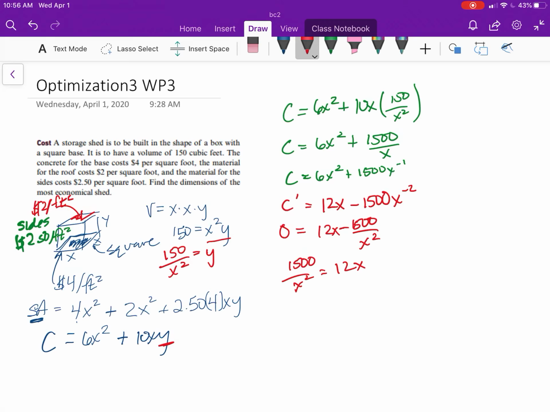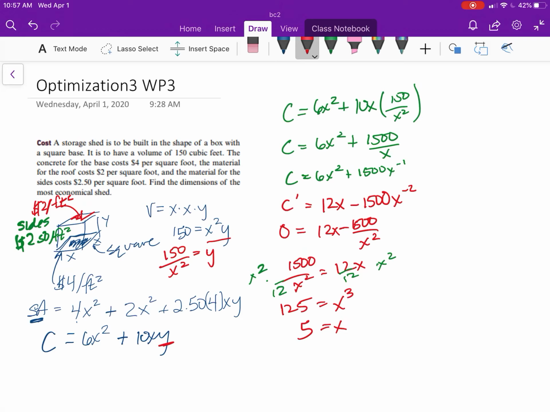Multiply by x squared and divide by 12. So we get x to the third. 1500 divided by 12. We're dividing both sides by 12, and we're multiplying by x squared. So x to the third equals 125. Cube root it. That would be 5.